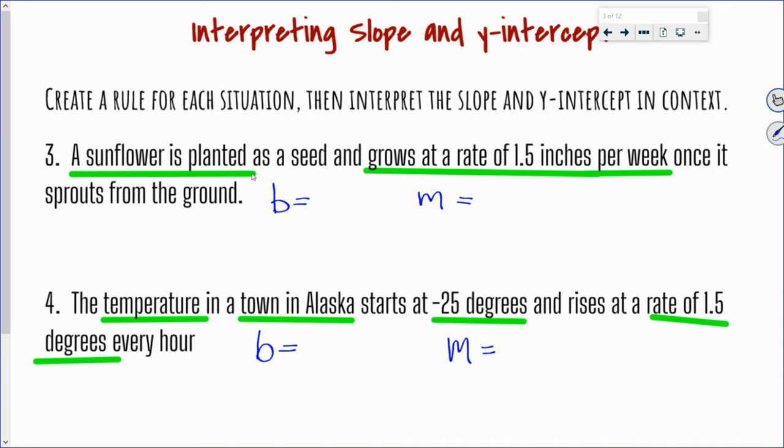You might make an argument that it's actually underground, so something negative, but we're not going there, okay? So when you plant it, it hasn't grown. So how much does it grow? What's my rate of change? 1.5.